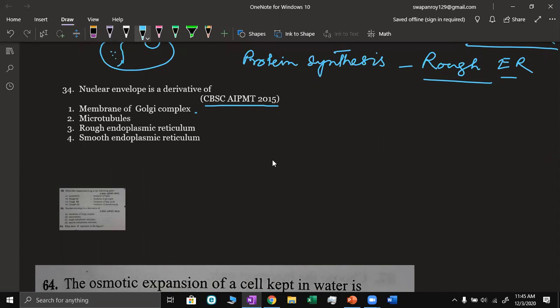Nuclear membrane is derivative of what? Meaning from where the nuclear membrane is produced.